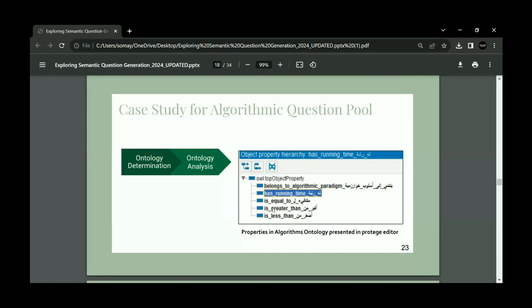We used is equal to, is greater than, and is less than for computational and analysis questions, specifically for computing the complexity of an algorithm. And as we can see here, the properties appear in both languages because the ontology is bilingual. Here we can see the Arabic and English.